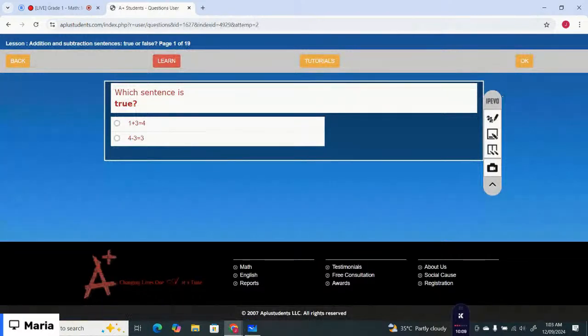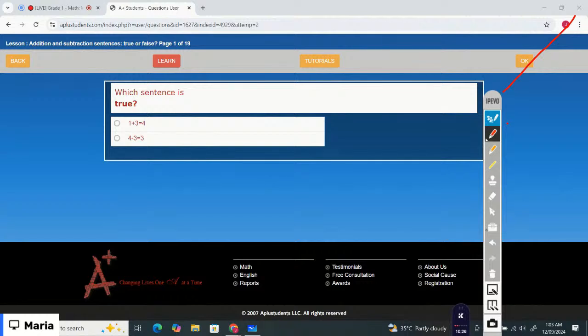Now here you are given two options. Which sentence is true? 1 plus 3 equals 4, and 4 take away 3 equals 3. Just solve both of them and see for which sentence both sides are exactly equal. Start with 1 plus 3 equals 4. 1 plus 3 is 4, and 4 is equal to 4.